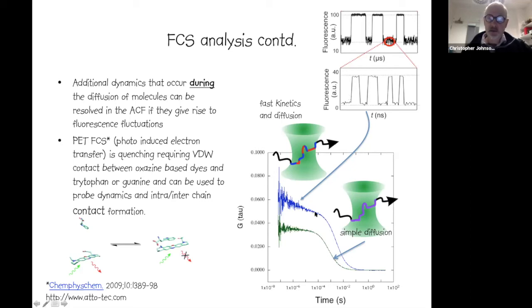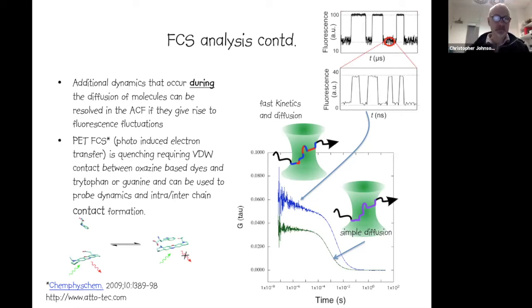And so what we can see is we have a diffusional time in the order of milliseconds, and we have faster kinetics or faster processes going on, which originate from additional fluctuations that are occurring when the molecule is passing through our observation volume.